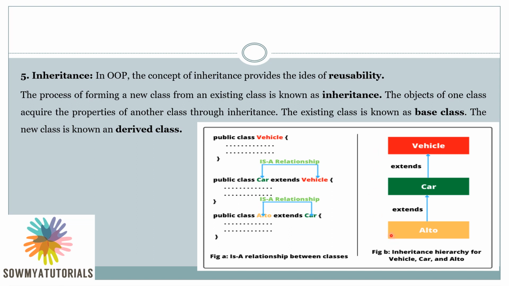Alto inherits from both the car and the vehicle. So the car is derived from the vehicle, and Alto is derived from the car and also the vehicle. So this is a real life example for inheritance.